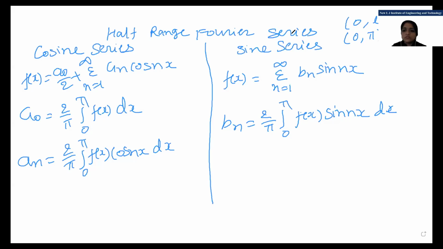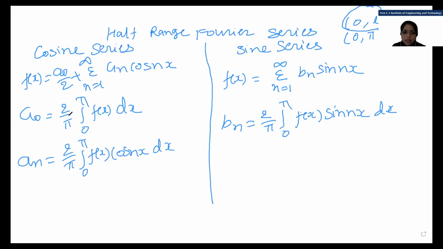So this is the formula for the period pi, or we can say for 0 to pi. But what if our given period is L? If our period is 0 to L, then there are minor changes in this formula, that is cos n pi x by L here, right?